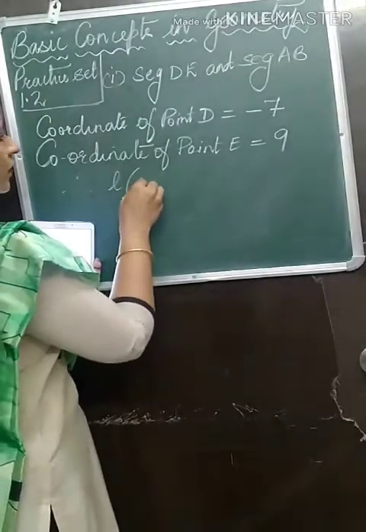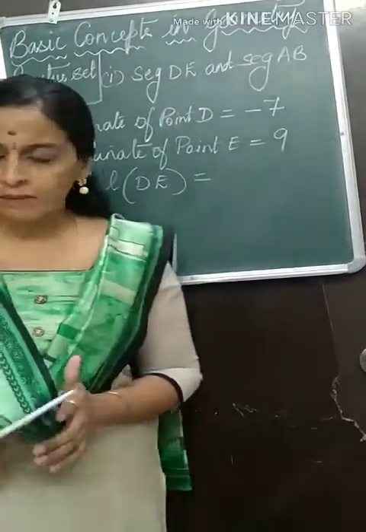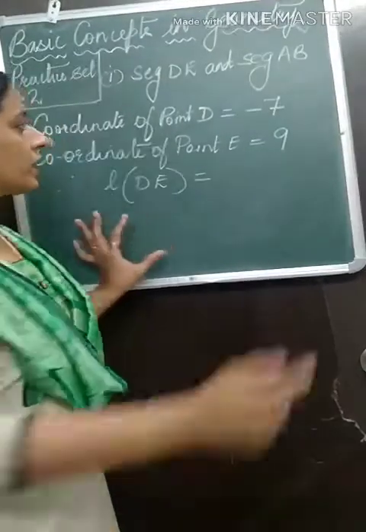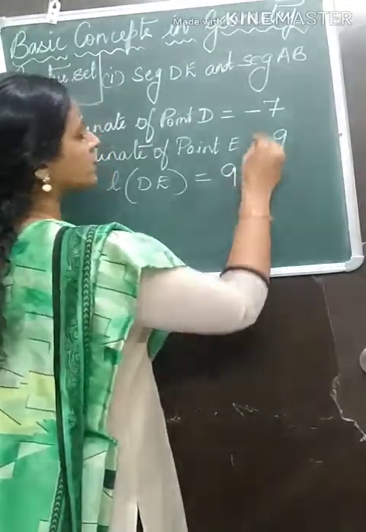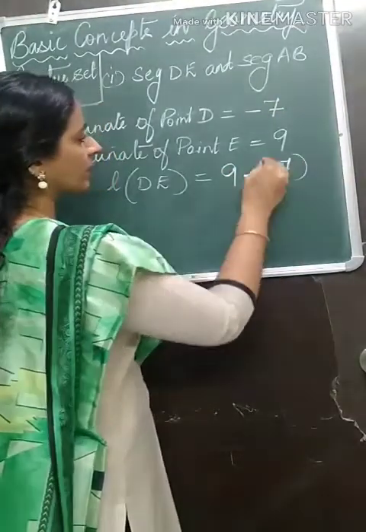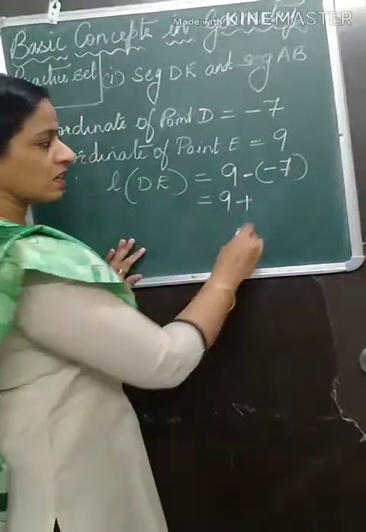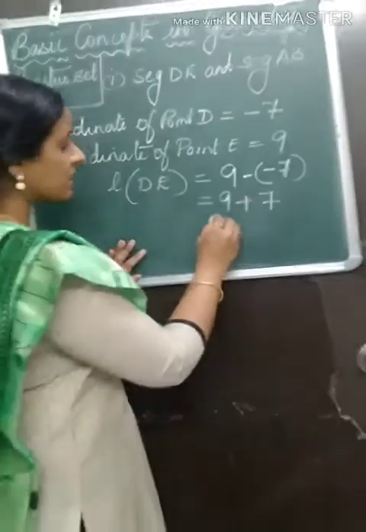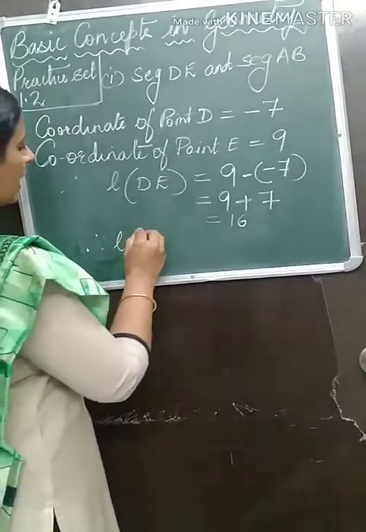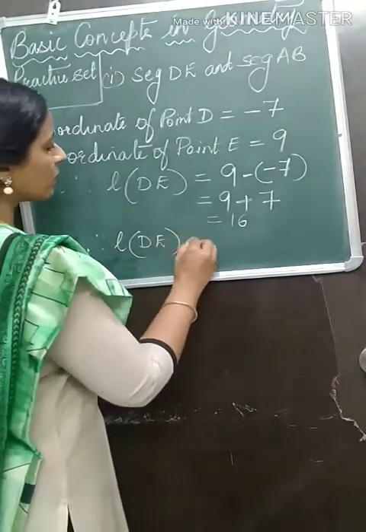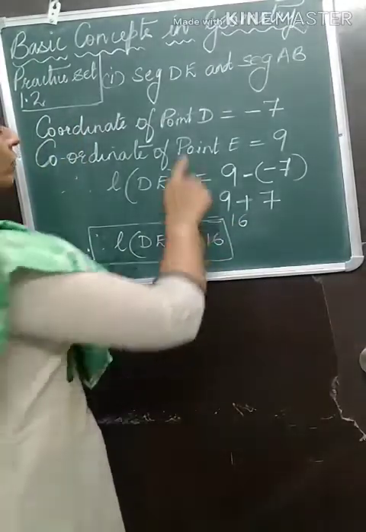Therefore, length of DE equals bigger number minus smaller number. So here -7 and 9, the bigger number is 9, minus the smaller one, -7. Again 9, minus and minus will become plus 7. 9 plus 7 is equal to 16. So write down, therefore length of DE is equal to 16. Highlight it.